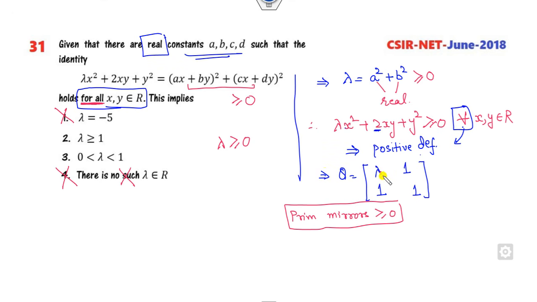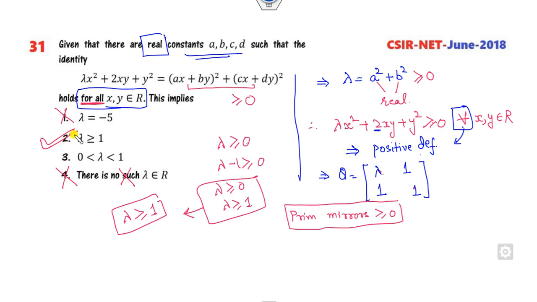The second principal minor is the determinant of this, so lambda minus 1 is greater than or equal to 0. So what is the conclusion of these two cases? It means lambda is greater than or equal to 1, which is the right answer of this problem. That's a simple straightforward quadratic form. Remember, the word is for all.